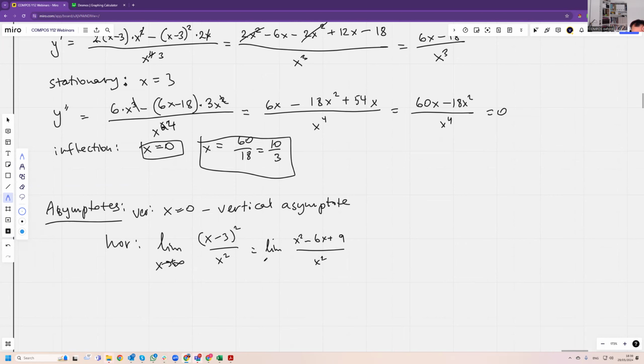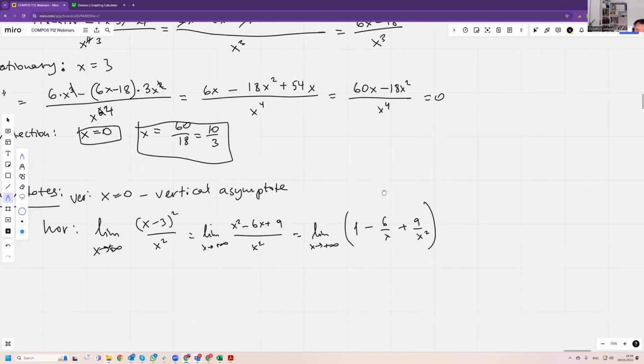Now we divide through, and that's equal to the limit as x tends to plus infinity of 1 minus 6 over x plus 9 over x squared.